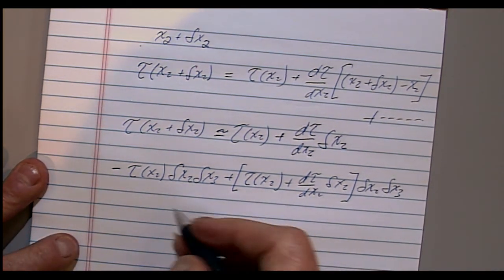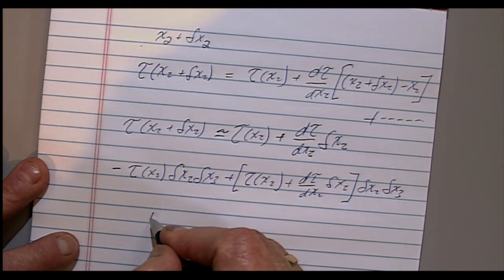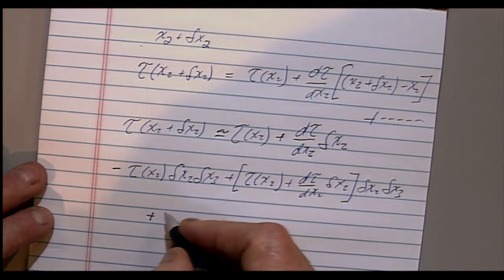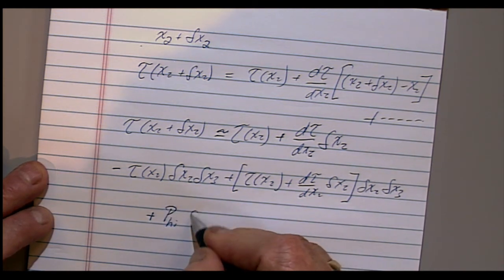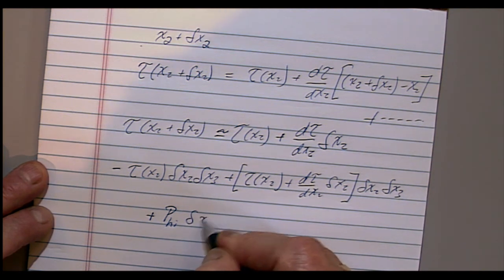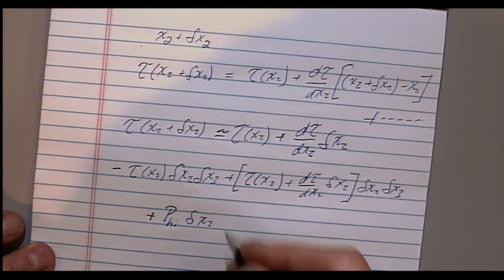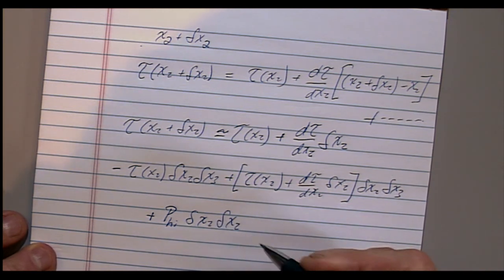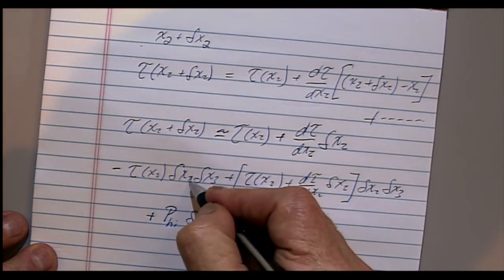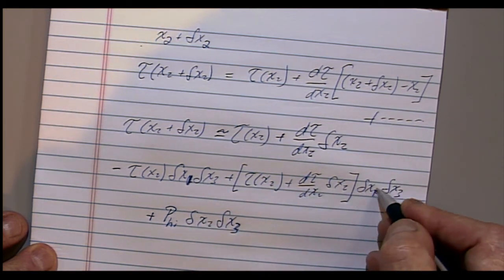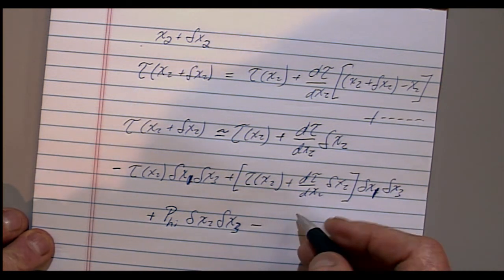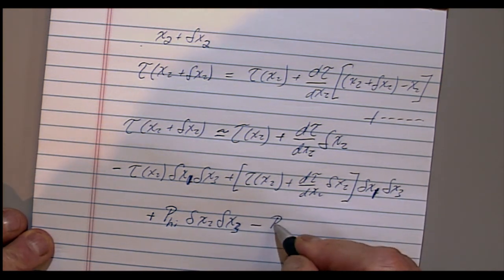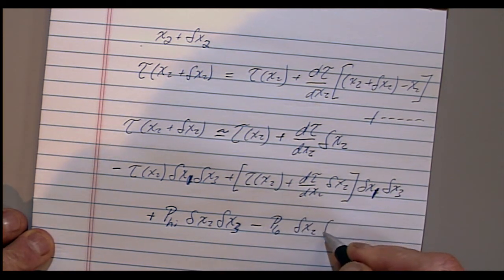And now the forces on the left and right surfaces. The force on the left surface is pushing to the right, so we'll make it a plus. So it's P, which is the high pressure side, times the area it's operating on, delta x2 delta x3. And I hope you caught my mistake. The area up here should be delta x1, and this one should be a delta x1. And then the force on the right-hand side pushing back toward the left is the low pressure times delta x2, delta x3.